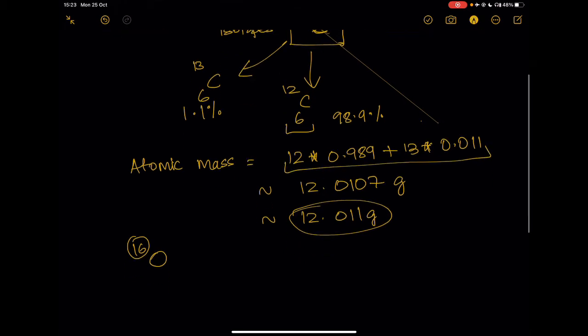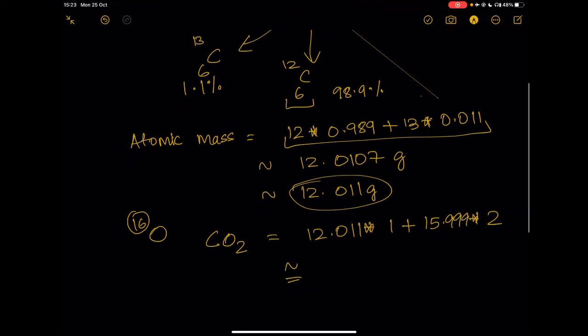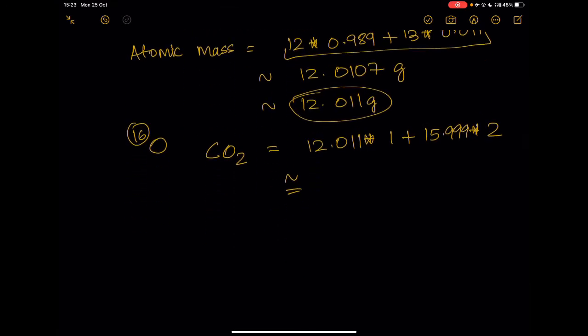And therefore, when you're calculating molecular weight for something like CO2, you're going to do something of this sort: 12.011 times 1 plus 15.999 times 2. Then you get the molecular weight of carbon dioxide. So now this being introduced, we can also take this concept further to calculate the molecular mass of something like sodium carbonate.